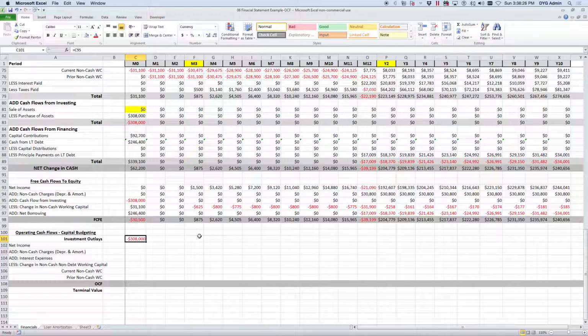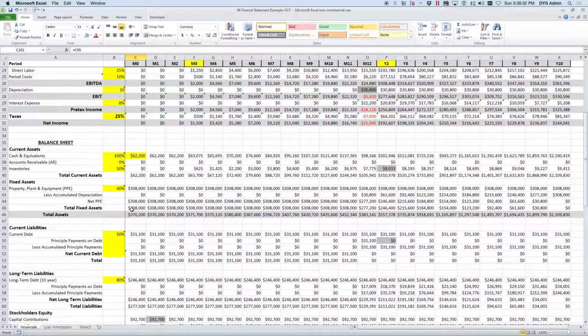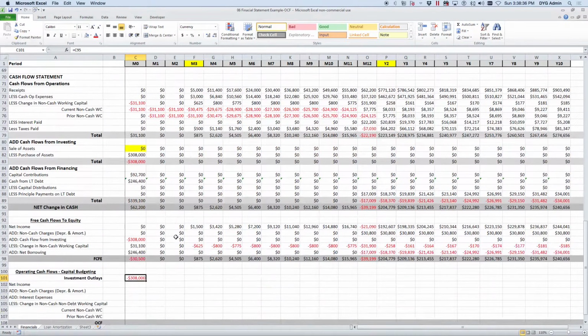for purposes of startup, you may want to add that. If you'll go back up and look at us, we assumed that we would have $62,000 in the cash account at startup. Now, we made some assumption about where we would get that money, but nonetheless, we basically assumed that we're putting in $62,000.